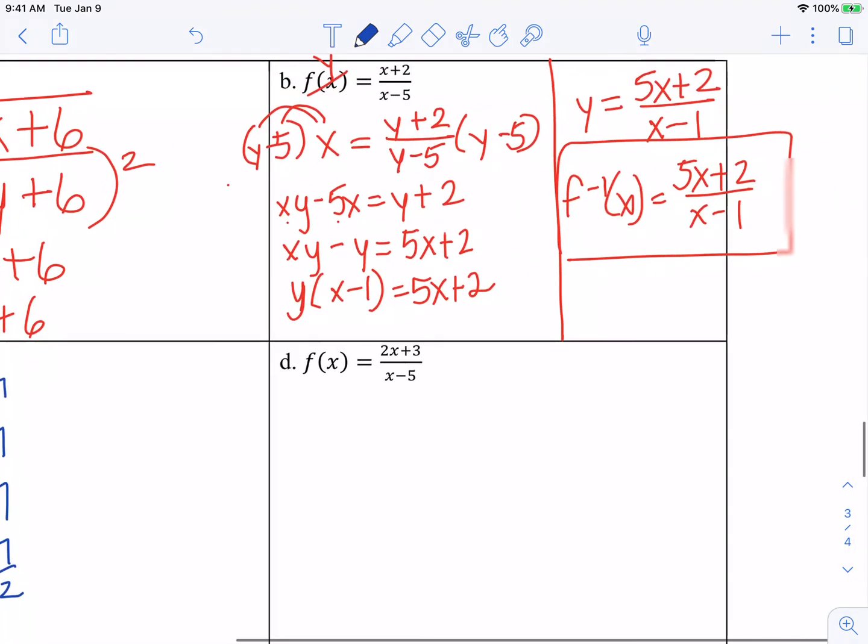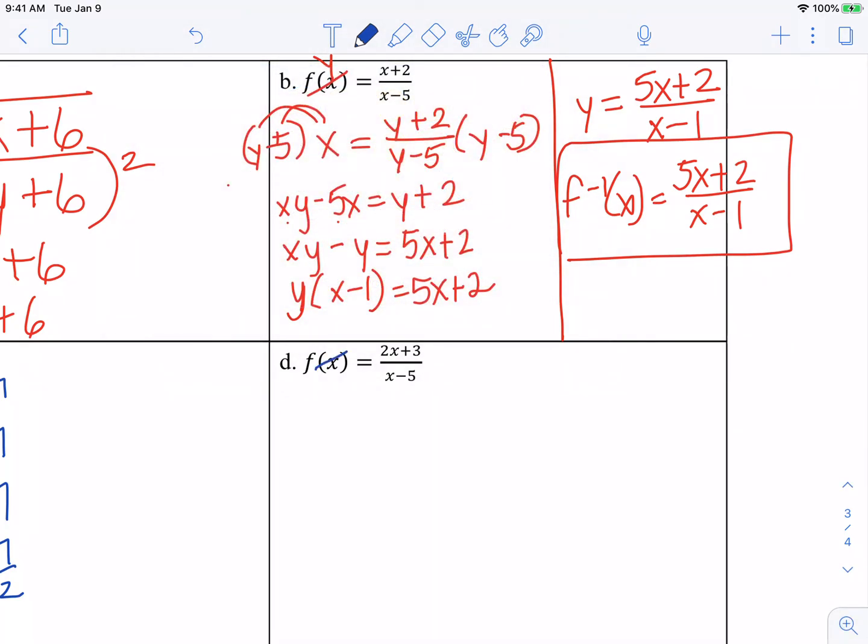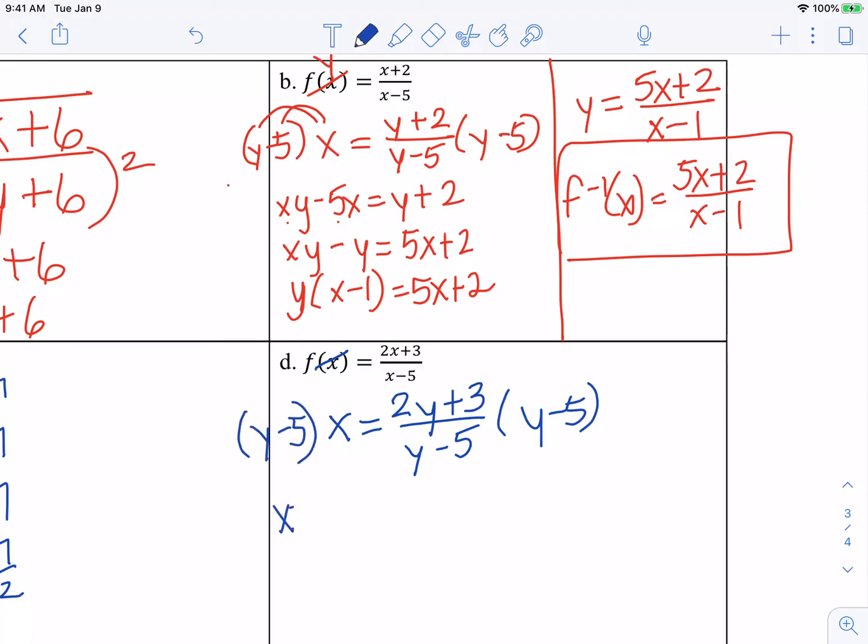All right, this one's very similar to the last one. So again, we're replacing this with y and then interchanging the variables x and y. So we multiply by y minus 5 again. So xy minus 5x equals 2y plus 3.